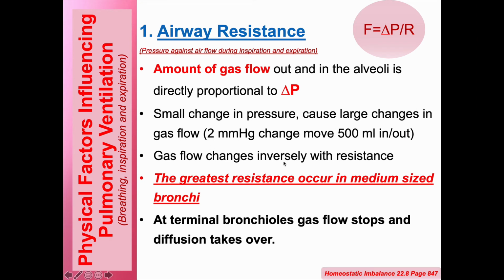Gas flow changes inversely with resistance. The greatest resistance occurs in the medium sized bronchi. In the terminal bronchioles, gas flow stops and diffusion overtakes. Examples: pneumonia and pulmonary edema. In case of restrictive airway disease, these kinds of physiological changes you can see.